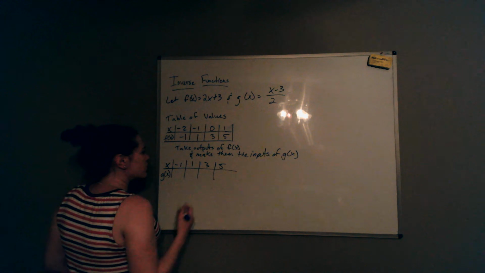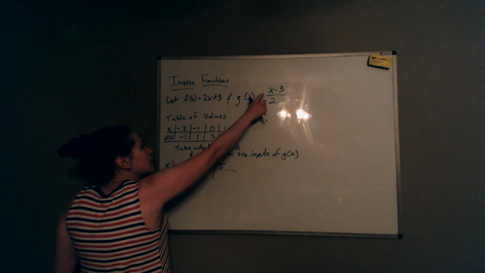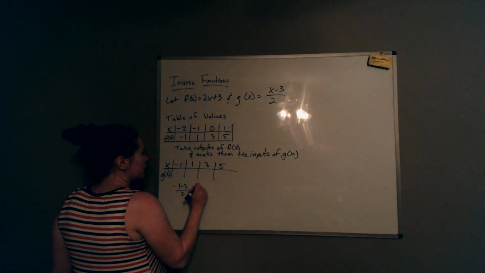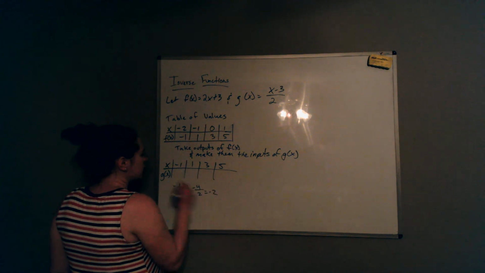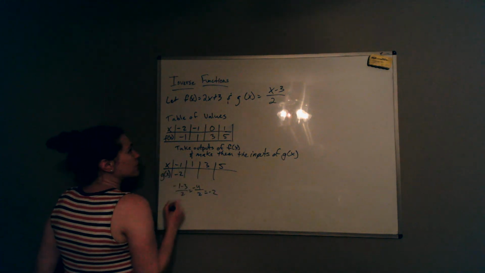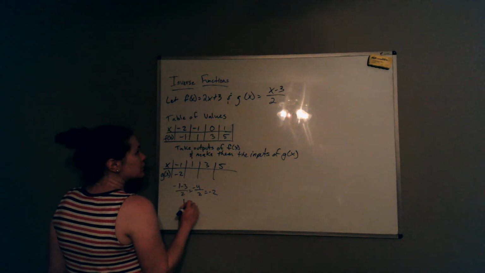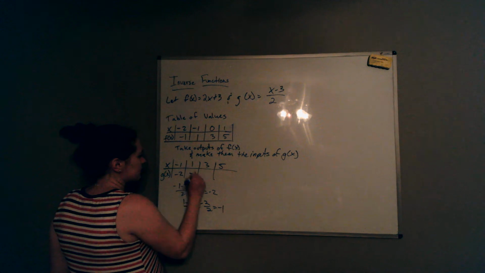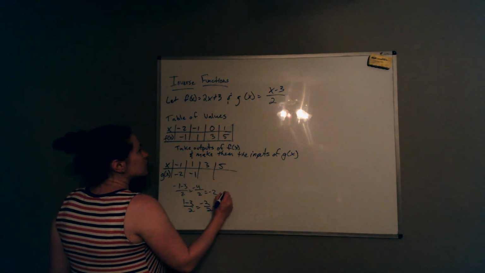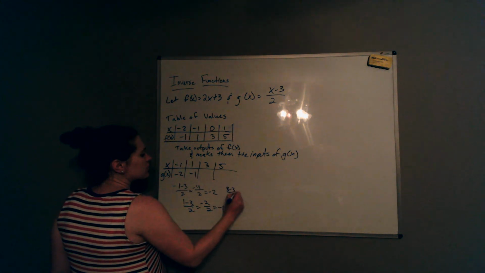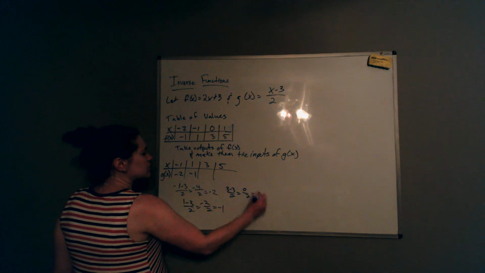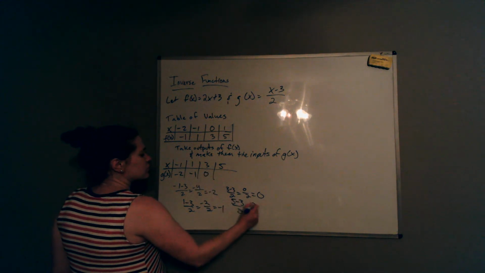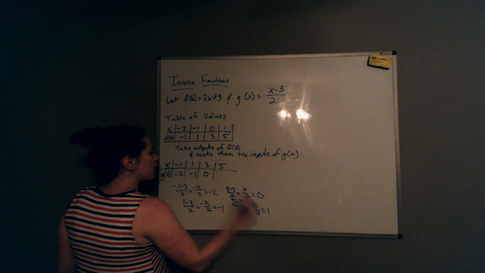Now let's plug -1 in. -1 minus 3 over 2, that's going to be -4 over 2, that's going to be -2. Plug in 1. 1 minus 3 over 2, that's -2 over 2, that's -1. Plug in 3. 3 minus 3 over 2, that's 0 over 2, that's 0. Plug in 5. 5 minus 3 over 2, that's 2 over 2, that's 1.